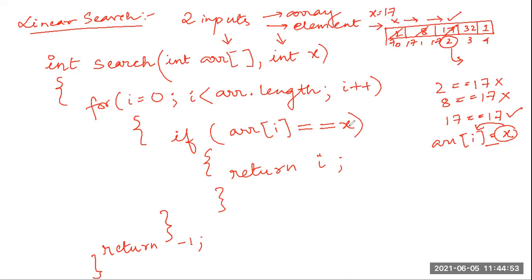If it is true, I will return my location in the array where the element has been found. And if it is not true, I will simply return -1 to indicate that I have not been able to find anything. Fine. Now this is about the concept.